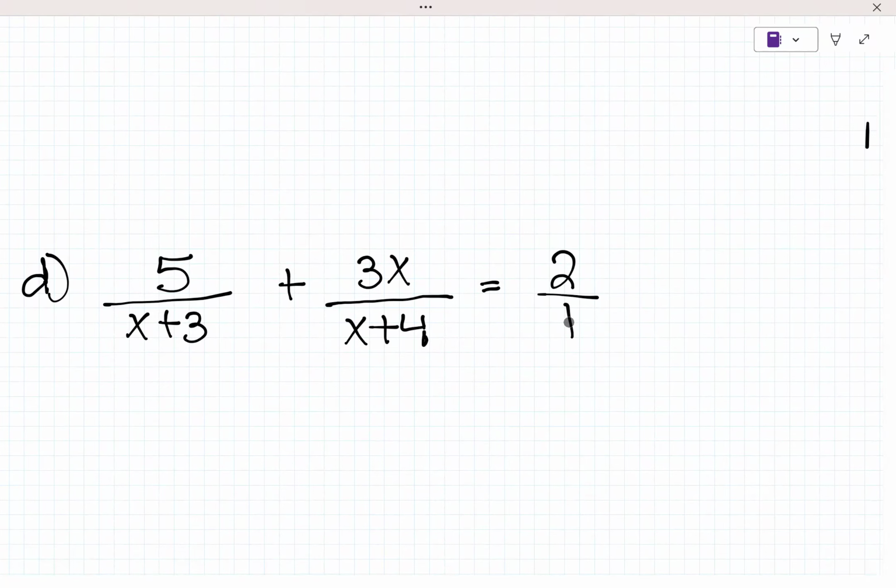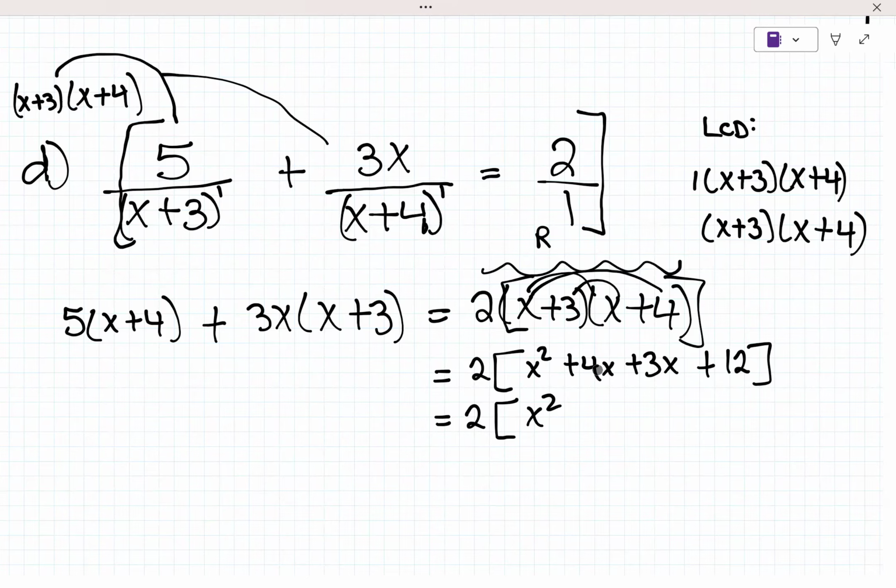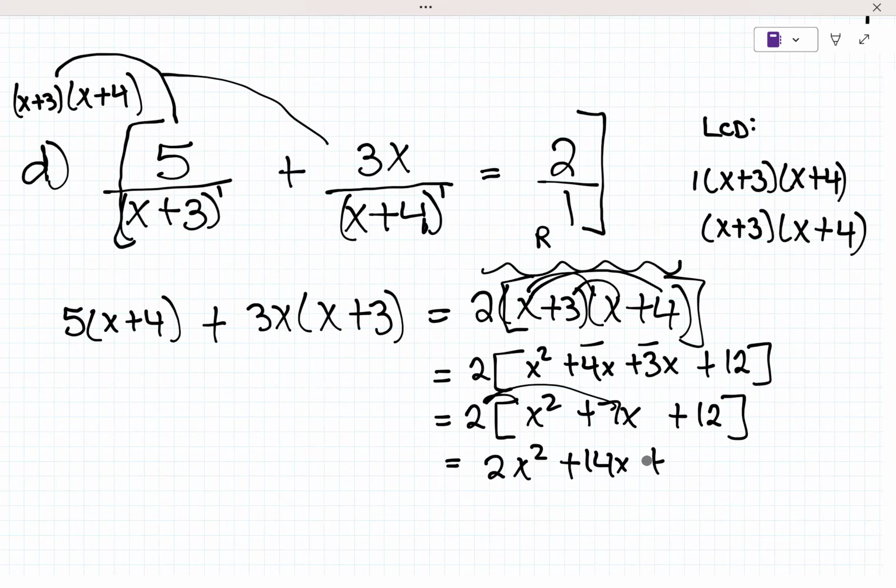Then I can collect like terms: 4x plus 3x is 7x, plus 12. And then distribute this 2: that's 2x squared, 2 times 7 is 14x, and 2 times 12 is 24.